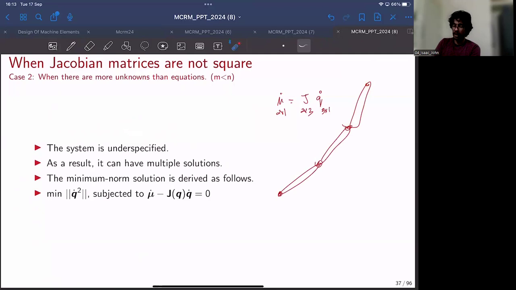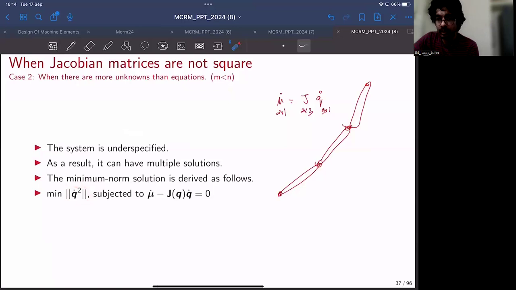If you have more unknowns than equations, you can find the solution which has the minimal norm. In such cases, when there are fewer equations than unknowns, the system can have infinite solutions, so out of all these infinite solutions, we choose the one with the minimum norm. The procedure to find the minimum norm solution has already been discussed.